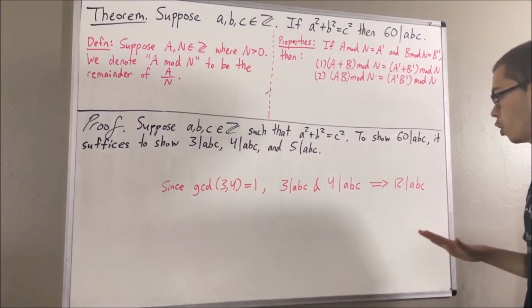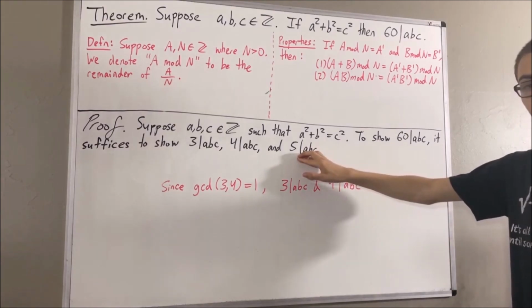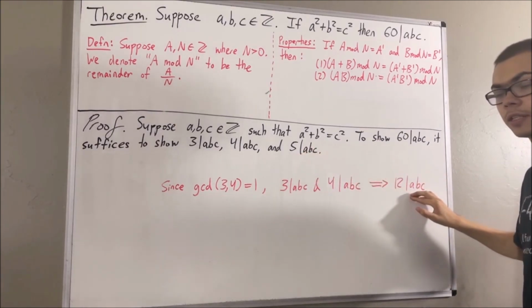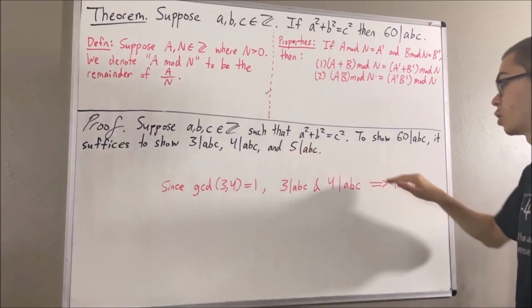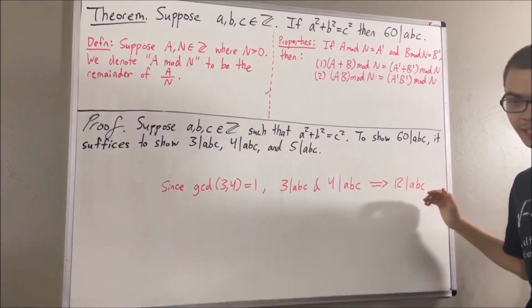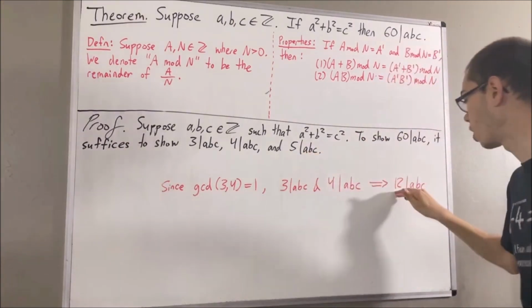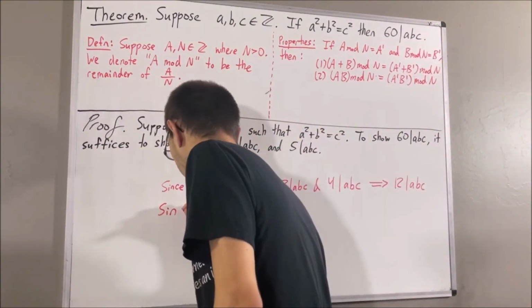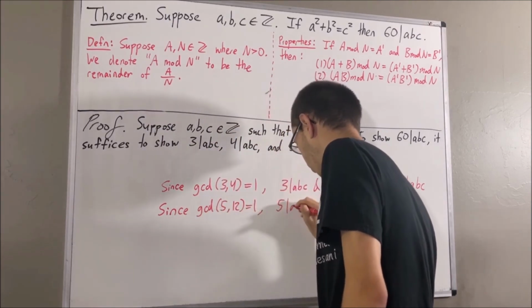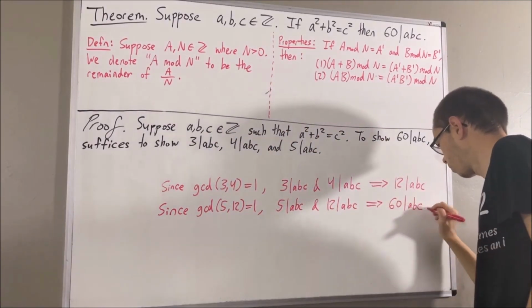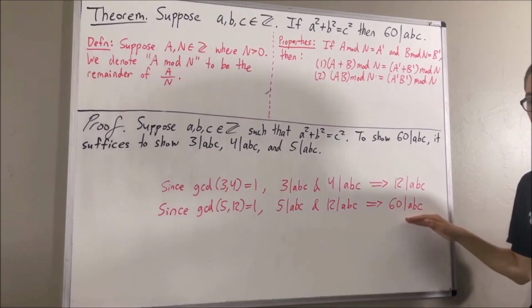Similarly, if we also know that 5 divides abc, and we also know 12 divides abc, well then the product 5 times 12 must divide abc, because the greatest common divisor of 5 and 12 is 1. And therefore 60 divides abc.